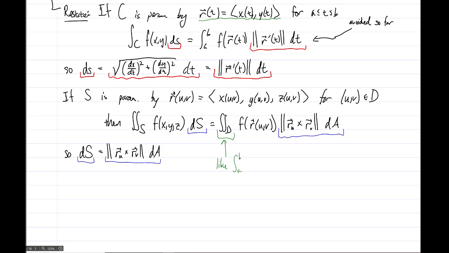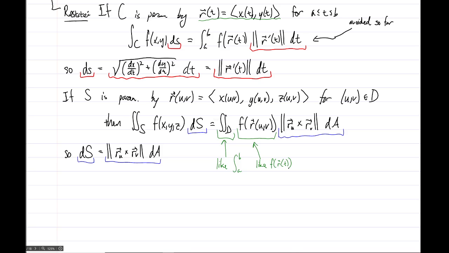And now that there are two variables for the parameterization, u and v, it's just more complicated. So there's just a shape D instead. This next part, f of r of u comma v, is meant to be like earlier f of r of t. It's meant to be as similar as possible. We're just pointing out the similarities.